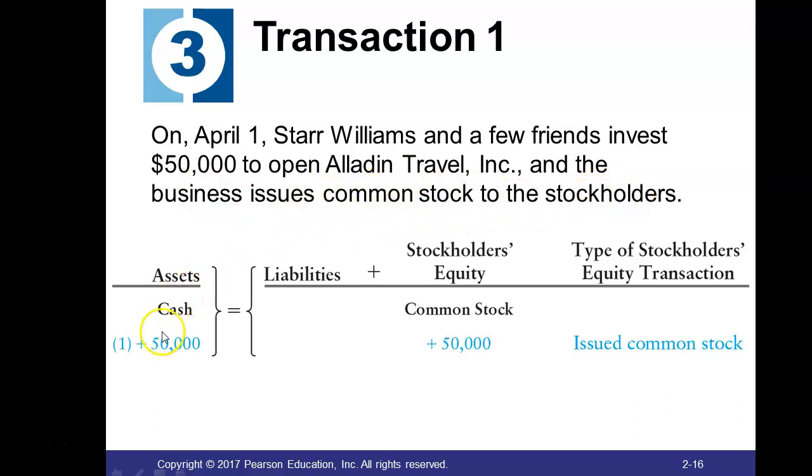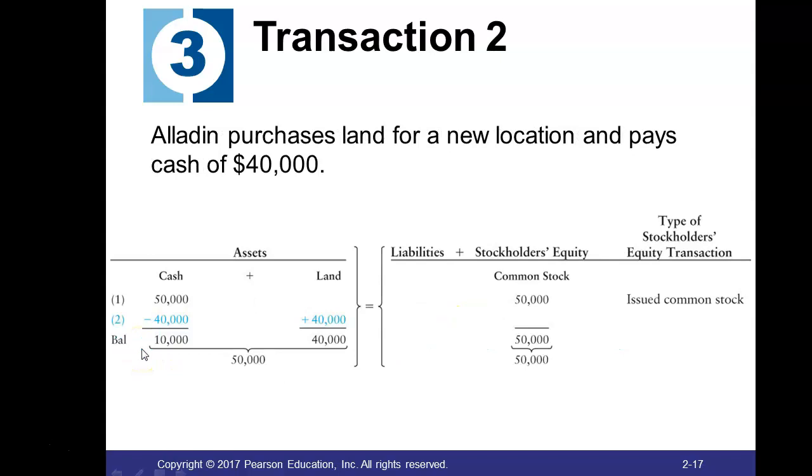So now we know cash is our asset, which is one side of the equation, but the other side means that there are no liabilities affected here, and the equity is going to be going up. Why? Because common stock is an increase in the equity section of the balance sheet. So now we have a balanced equation. And this is just another way to look at it. Here we go. We got $50,000 in cash and $50,000 in common stock.